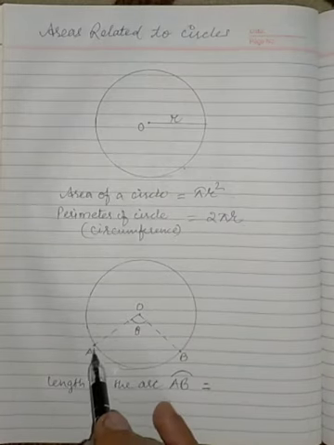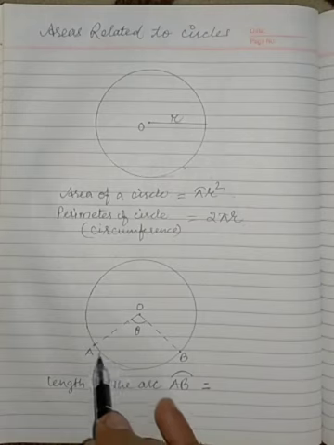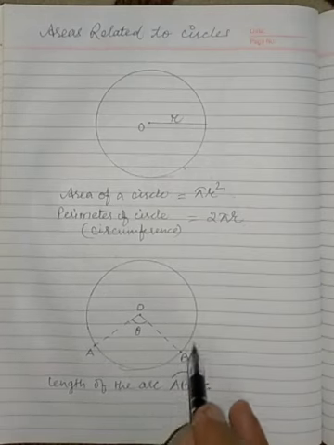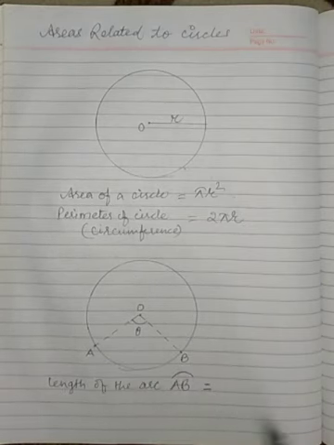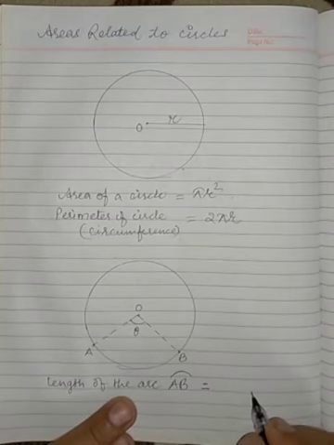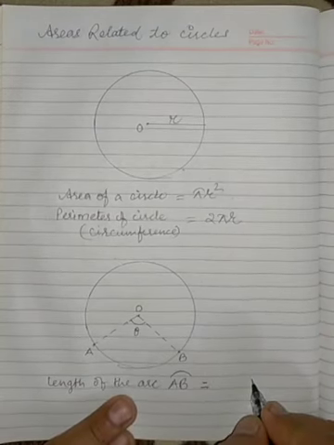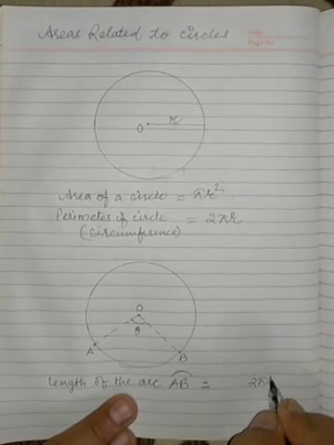So this length of arc, which we are going to find out, is actually a part of the circumference of the circle. Now we know that the circumference of a circle is 2 pi r.